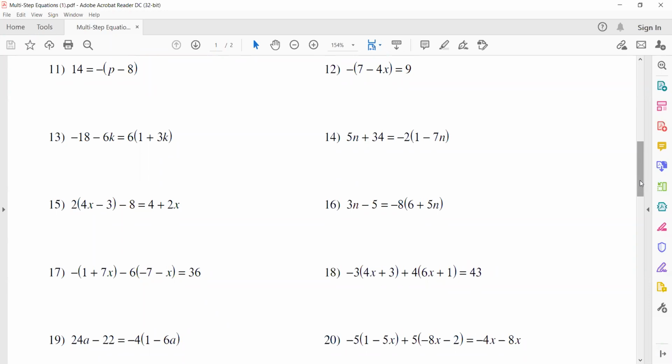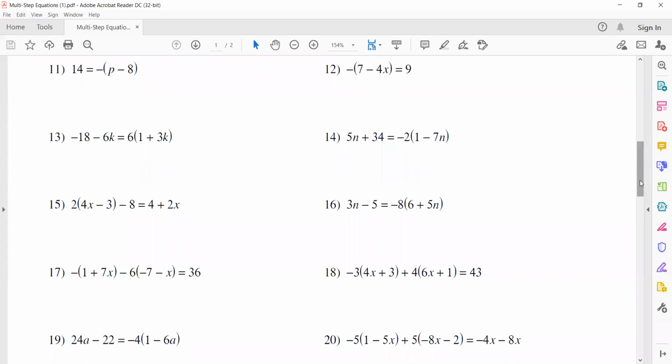With variable problems like this, like 15 and others, we can't really do PEMDAS because of this variable. But we can still get rid of the parentheses by doing the distributive property. And that's part of this being a multi-step equation.